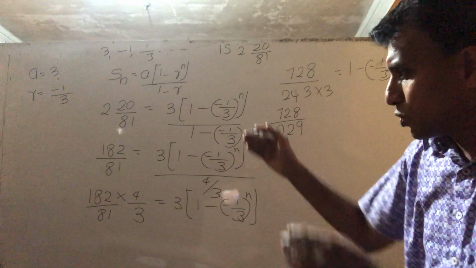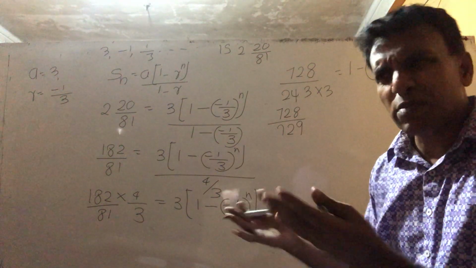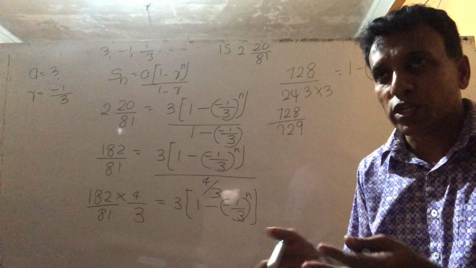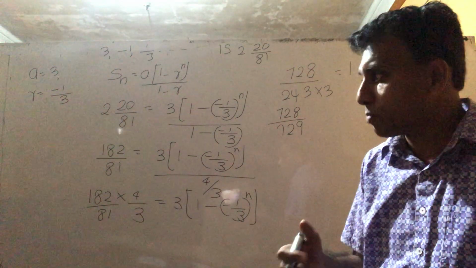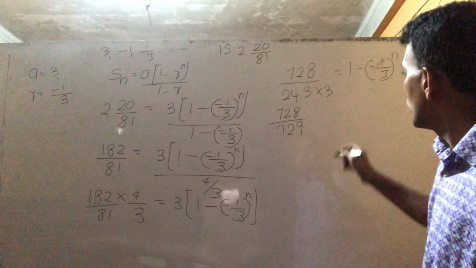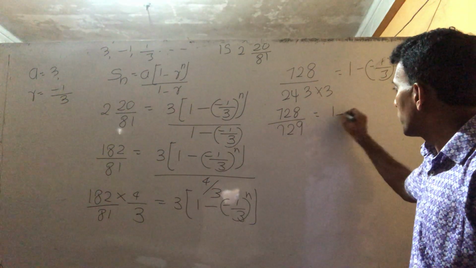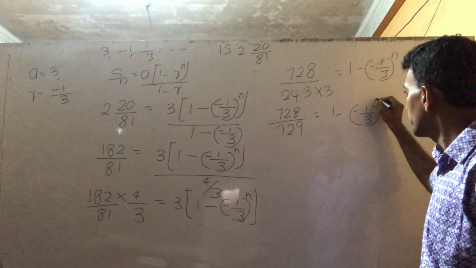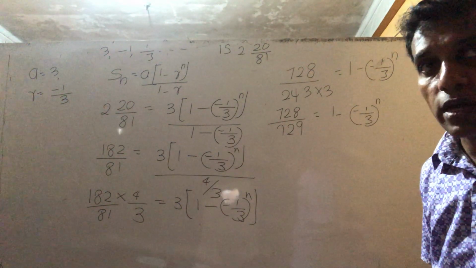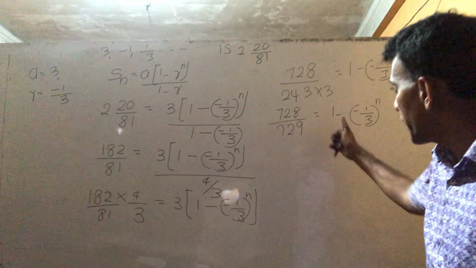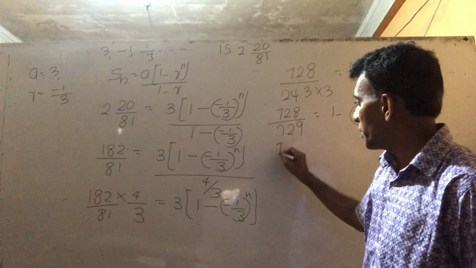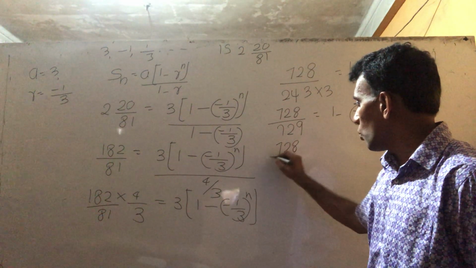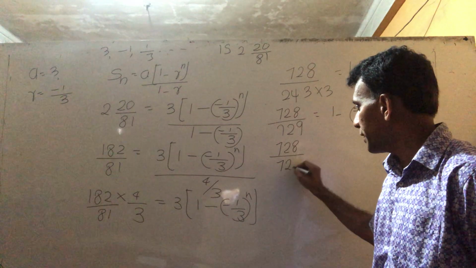See, once you come to a particular step, hereafter it becomes a familiar path, right? So keep repeating it, keep in touch, work more problems, practice it. 1 minus minus 1/3 power n. So next step, as I showed in the previous video, take this one this side, 728 over 729.